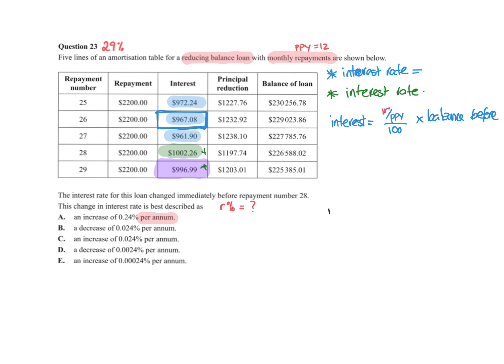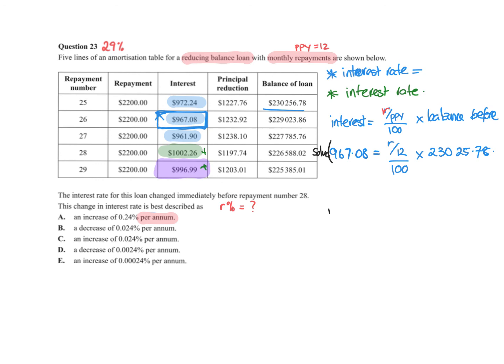So this little R is what I'm trying to find out in this scenario. I'm going to use this interest amount. I know that amount is 967.08. I don't know what the R is. I know the PPY is 12. And I know the balance before is up here, 230,256.78. Once I get to this point, you can just use solve.